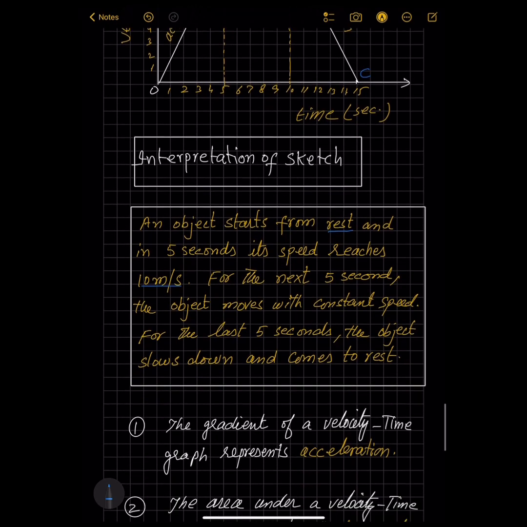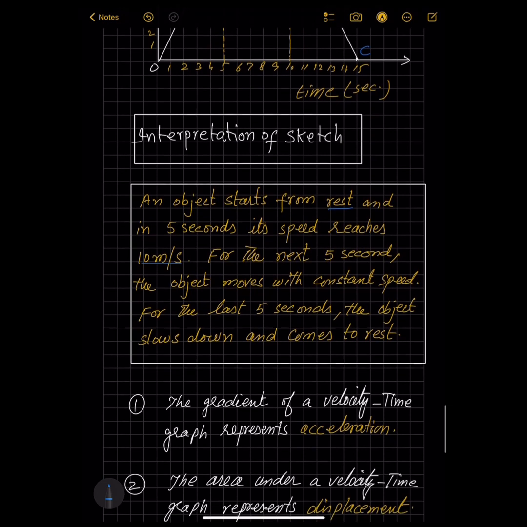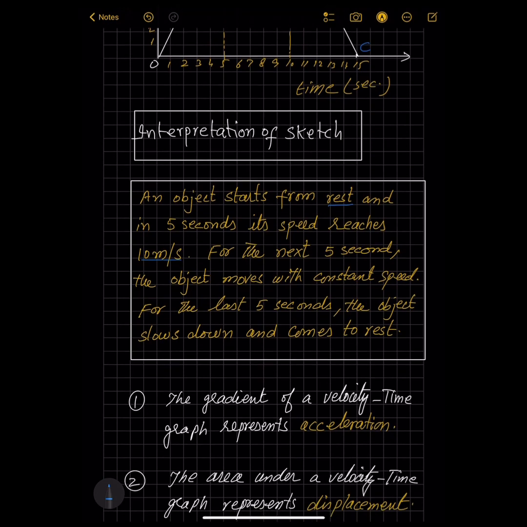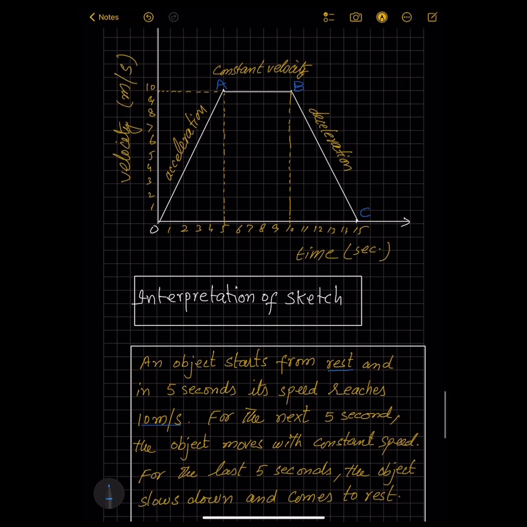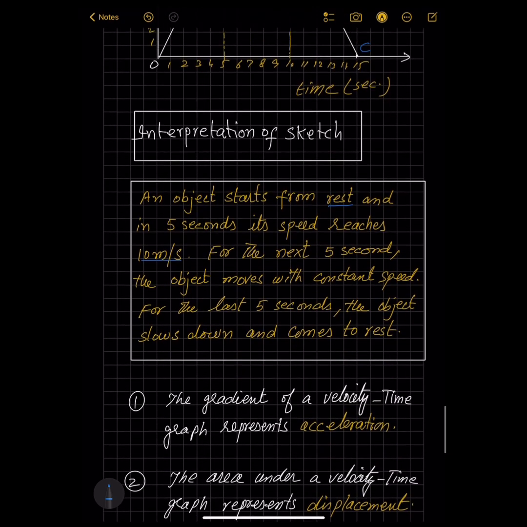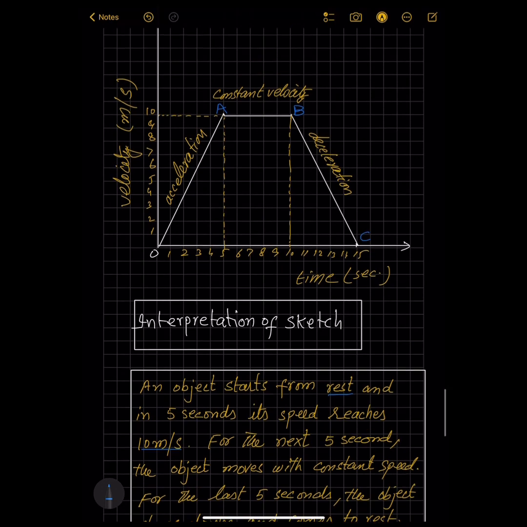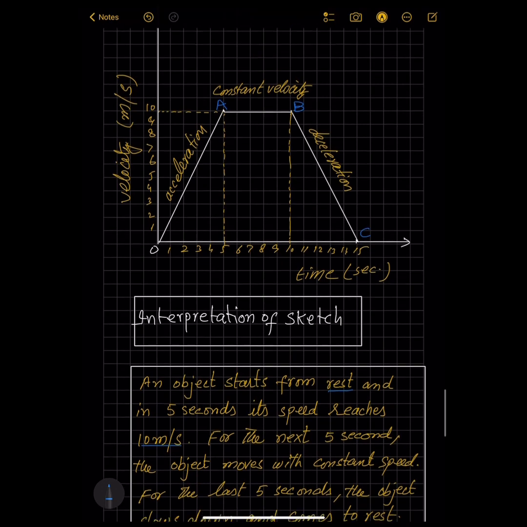Okay, the gradient of a velocity time graph represents acceleration. ये देखें, if we take the gradient of this line OA, we will get a positive value. This shows that the object is accelerating.